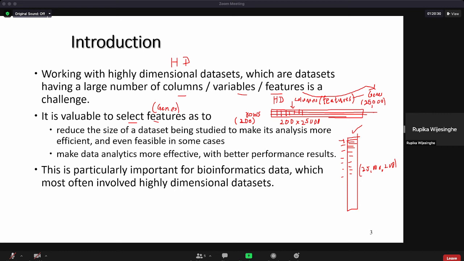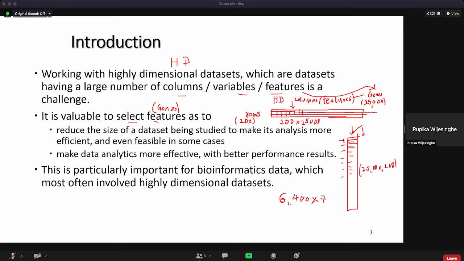If you can remember, in the yeast example, you had different time points in the columns. Still, you had only 7. Can you remember the number of genes in the yeast genome? 6,400, yes. So the gene expression matrix was 6,400 into 7.